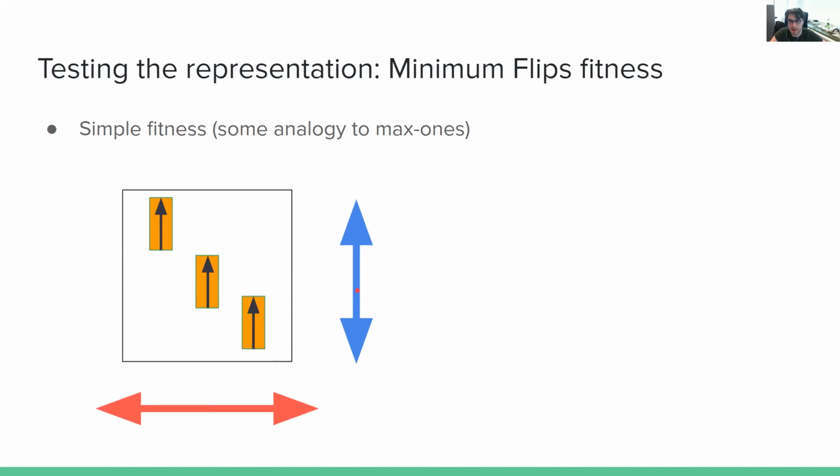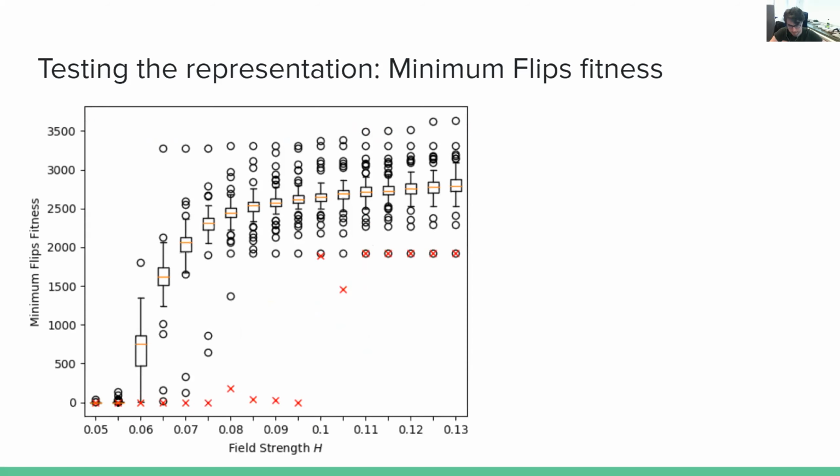Because of this field strength dependence, looking at this very messy graph, what we did here was these box plots are just a random sample of 100 random geometries with no evolution done at all. And this was just to show how the task gets harder as we increase the field strength, which we call H. So higher is bad, of course, because we want to minimize the number of flips.